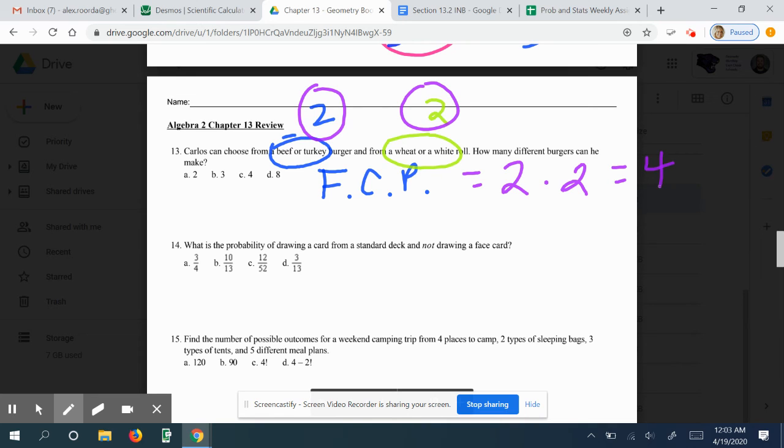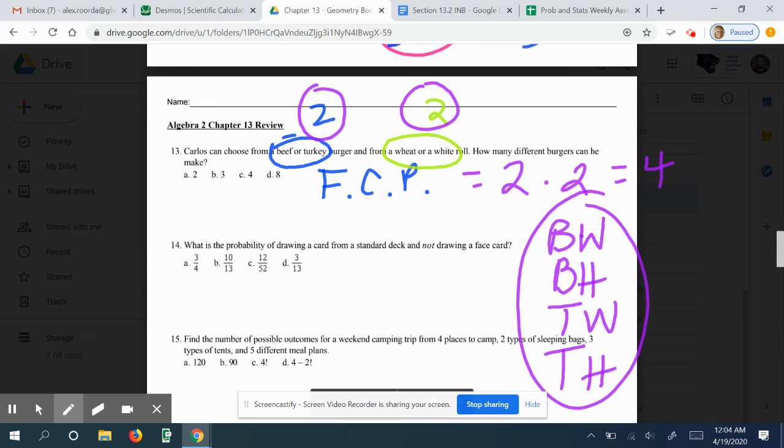If you wanted to write each one out: beef and a wheat roll, beef and a white roll, turkey and a wheat roll, turkey and a white roll. There are 4 different burger combinations.